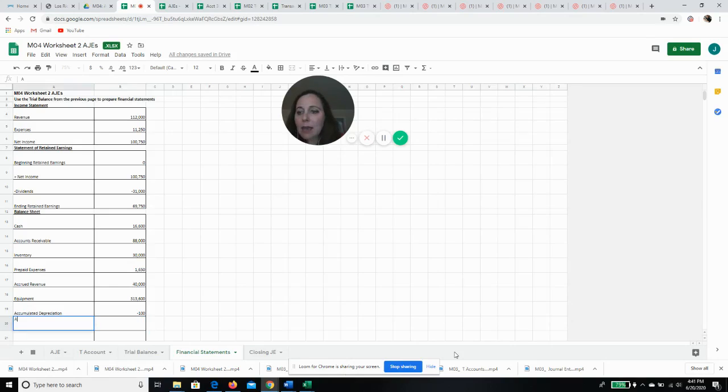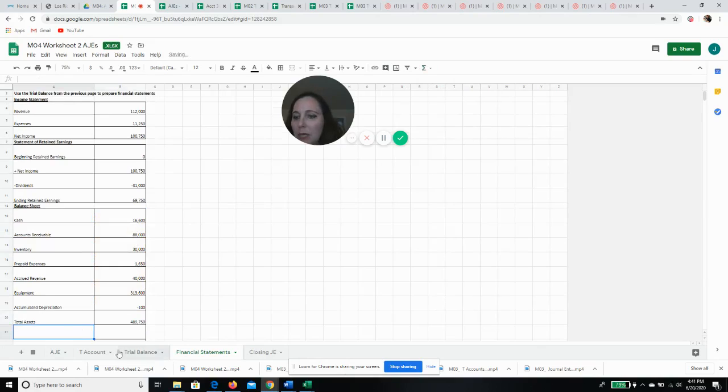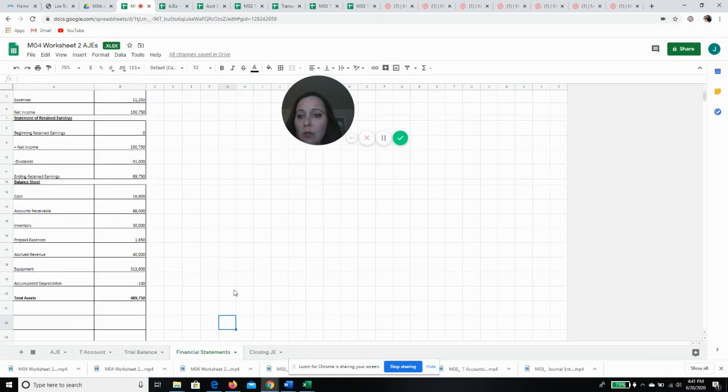Then I'm going to add up my assets, so total assets, and I'm just going to sum those up. If you want, you can just use a calculator and add them up. And my total assets, and we're going to go ahead and put this in bold, is $489,750. Okay, that's the number we're shooting for.